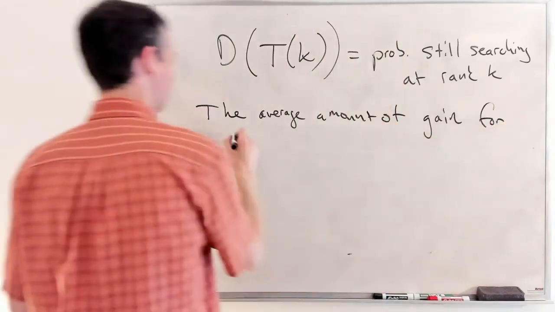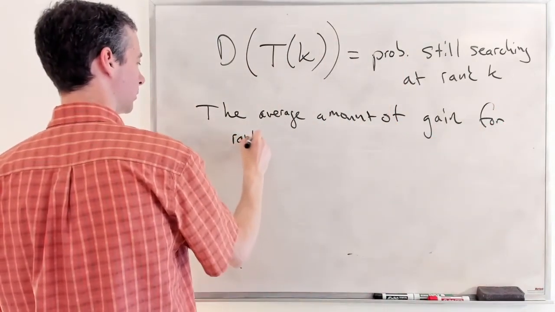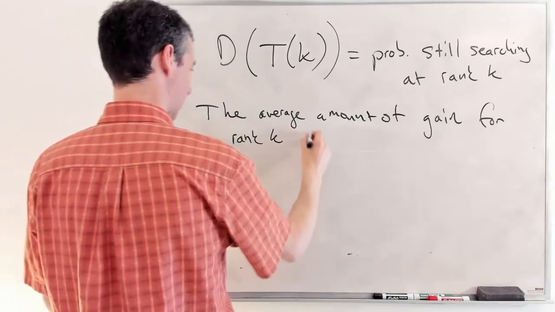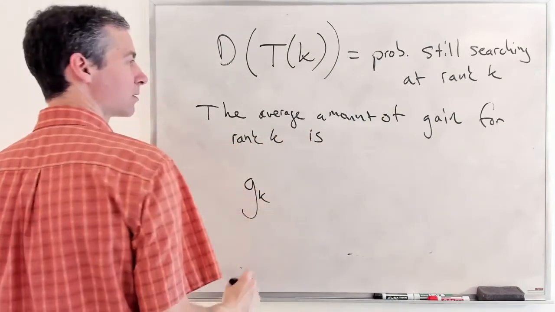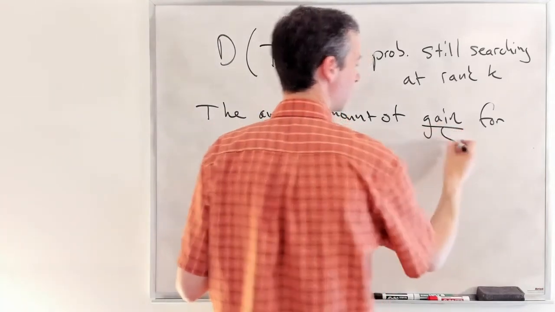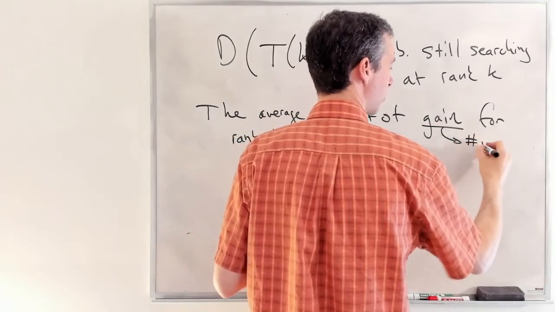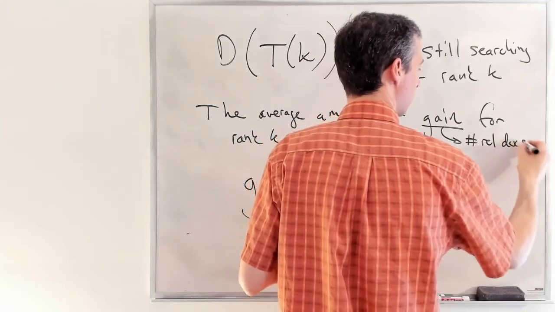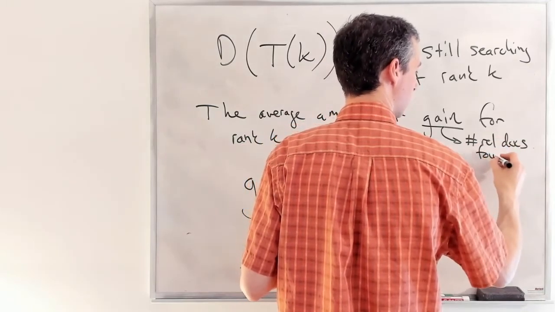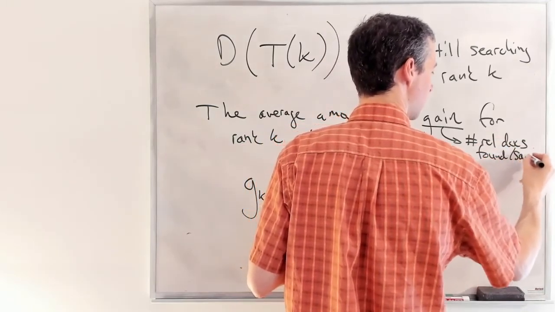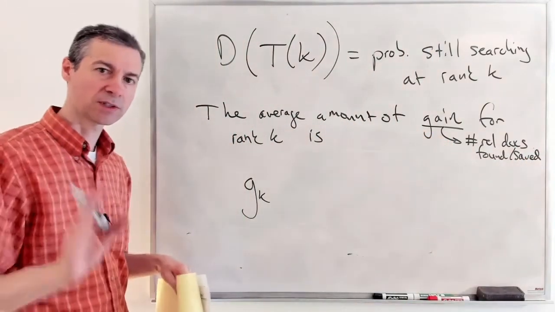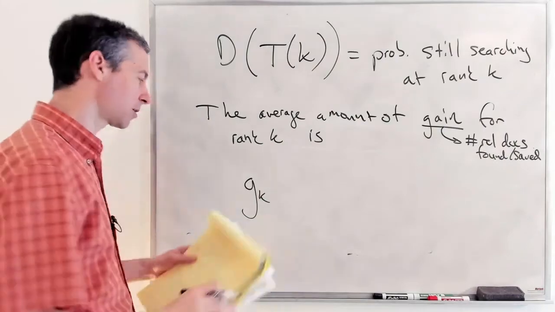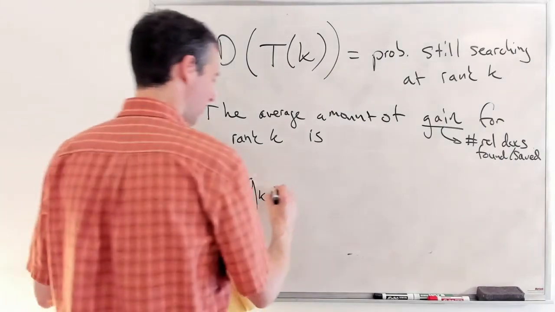at a given rank, so for rank K, is, and again, let me be clear, gain is the number of relevant documents found, or if you want to call it saved, that the user has decided to save. So gain is the number of relevant documents that we're talking about here.